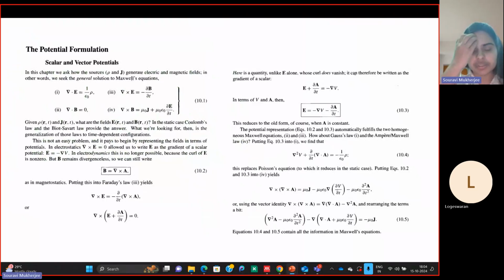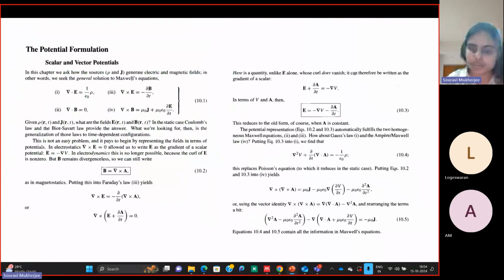But now, if we look at Maxwell's equations, how do they look when written in terms of the scalar and vector potentials? Why we are doing this is that we will go to the concept of a radiating dipole, and we will try to write the electric and magnetic field expressions at a certain distance from this dipole.